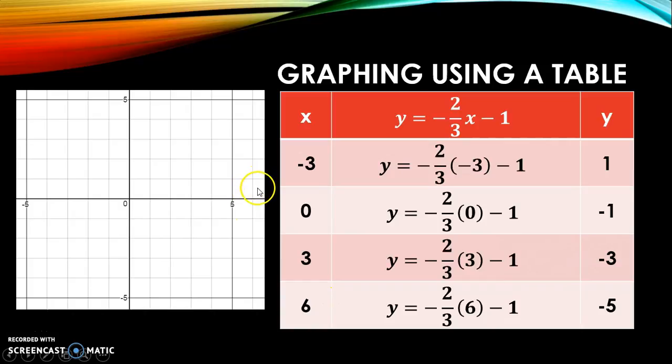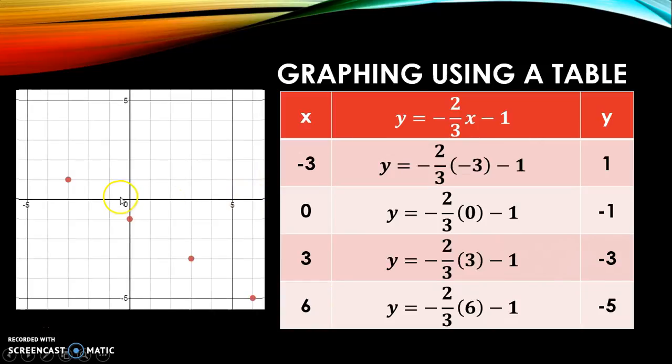And then I'm going to start plotting these points. I have negative 3 on the x-axis, 1 on the y. That's the first point. Then I have 0 on the x-axis, negative 1 on the y. That's this point. I have 3 on the x-axis, negative 3 on the y. That's this point. And 6, negative 5.